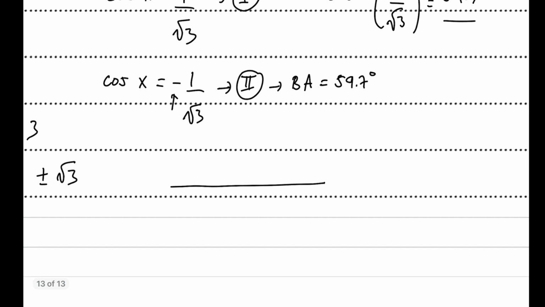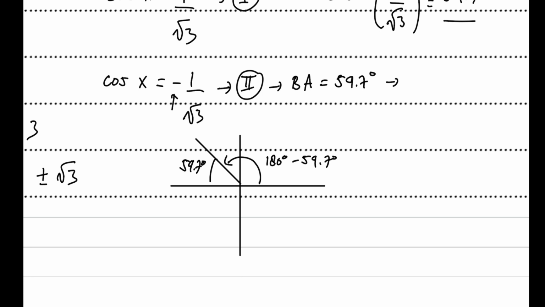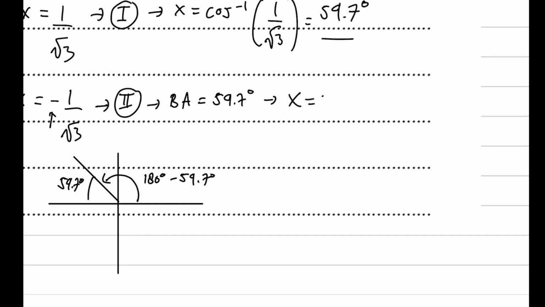So this is our second quadrant, and here this is 54.7. The angle that we want to find is 180 degrees minus 54.7, so our x will be 125.3 degrees.